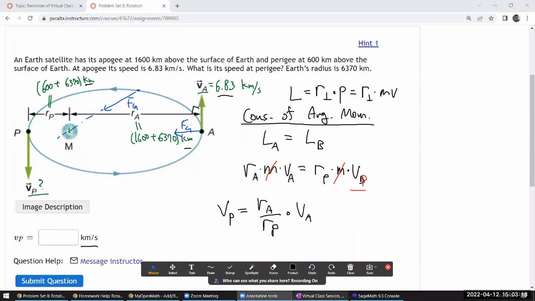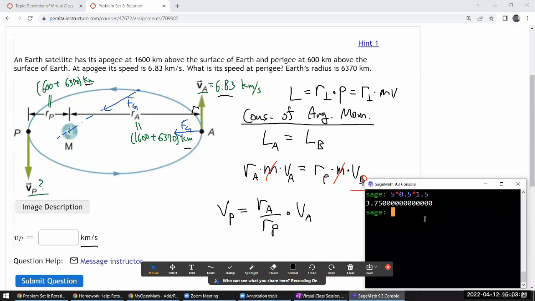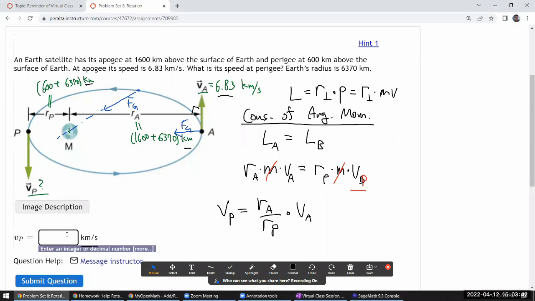I have RA, that's 1600 plus 6370, divided by the perigee distance, 600 plus 6370, times the speed at apogee, 6.83. So it's a pretty simple answer, 7.81.